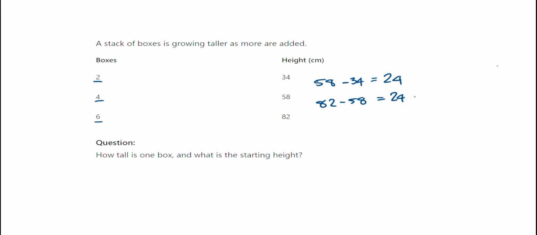So there it's 24 for each two boxes that are added. So each box must be 24 divided by 2, which is 12 centimeters.